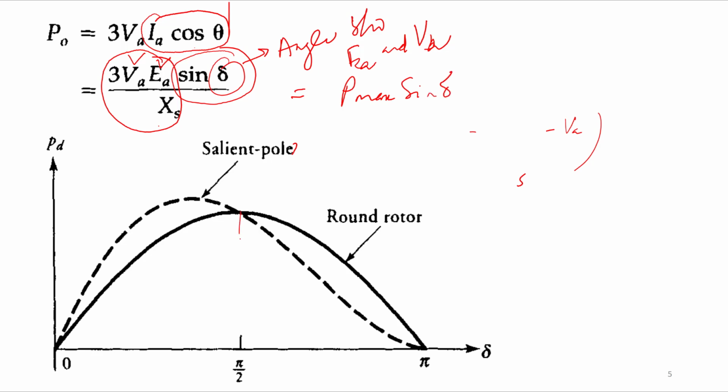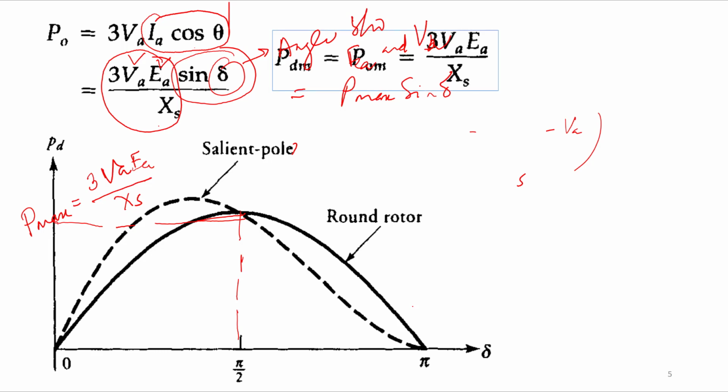So P max will happen at this point, when delta is equal to pi by 2. This is your P max point, that is equal to 3 VA EA by XS. This curve is known as the power angle curve, or power angle characteristic. It is for the round rotor. If your rotor is salient in structure, then the characteristic will tilt a little bit, and we will not talk much about the salient pole machine here.